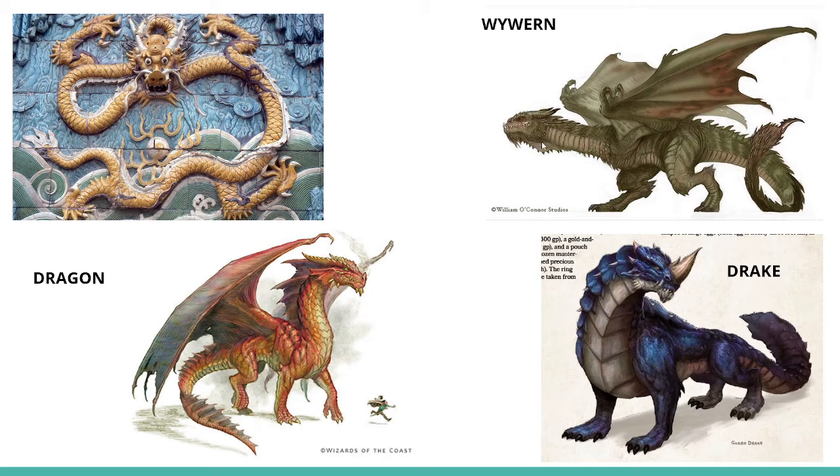They are less powerful. And then there is the drake. The drake is a dragon with no wings. And this is the least form, as it is weaved in the D&D terminology. But, for example, when you use the term dragon, we generally understand this.